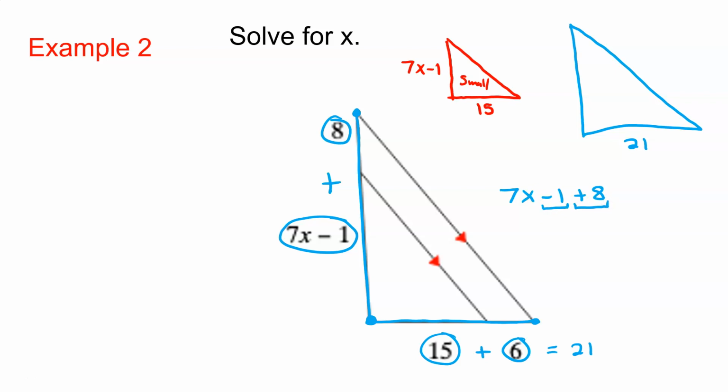Negative 1 and positive 8. When I combine my like terms there, that's going to give me positive 7. All right, and of course I bring down the 7x. So that left side, when I add these two values together, I end up with 7x plus 7. That's the entire distance from the top to the bottom of that left side. So let me label that 7x plus 7.